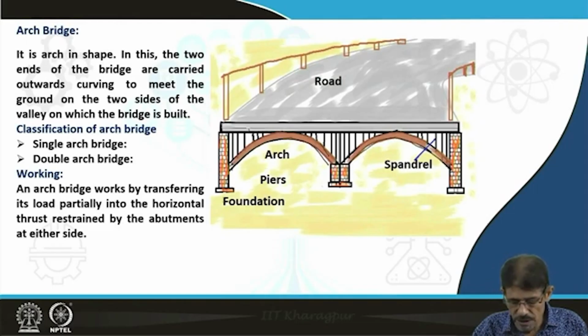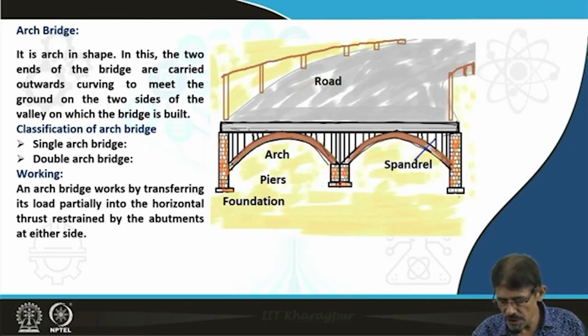On the arch structure, in a double arch bridge, the beam or deck is located and supported by the abutment pillars and the foundation pillars.